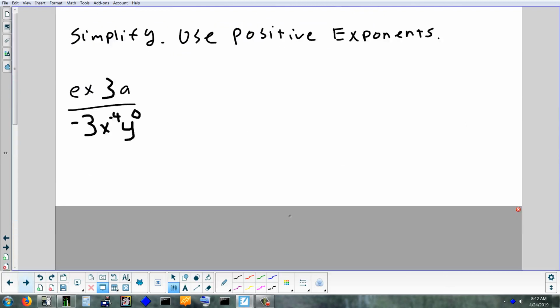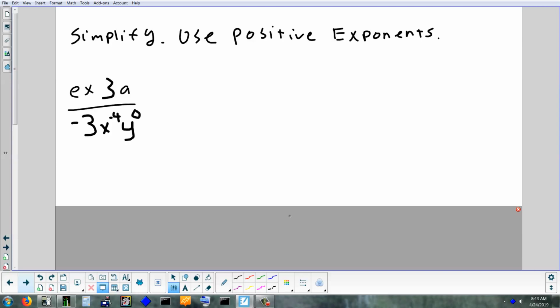So let's look at 3a. Now, we didn't put this step on what we just talked about. We talked about this a little while ago. I have a negative exponent, and it's not in a fraction. So what should I do?